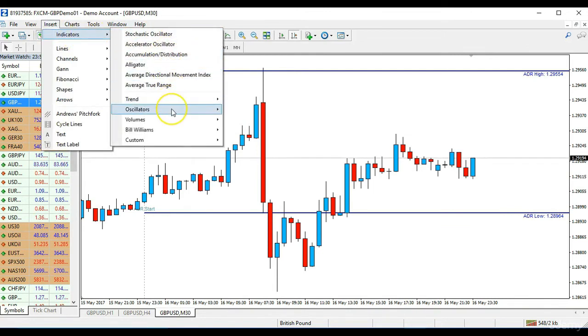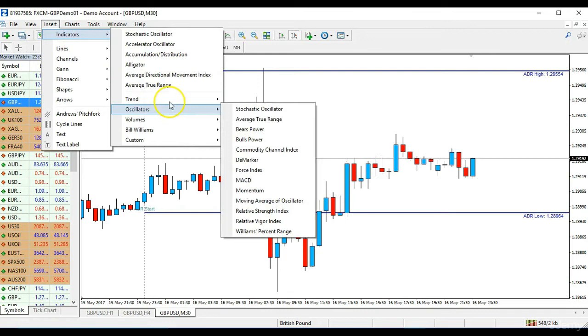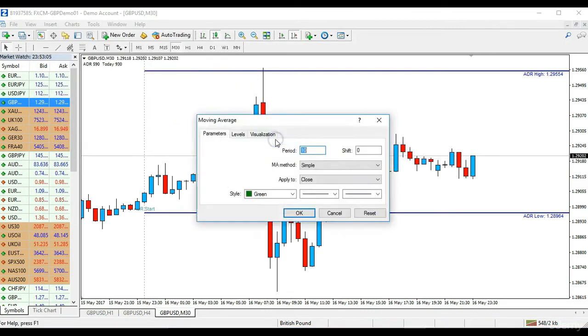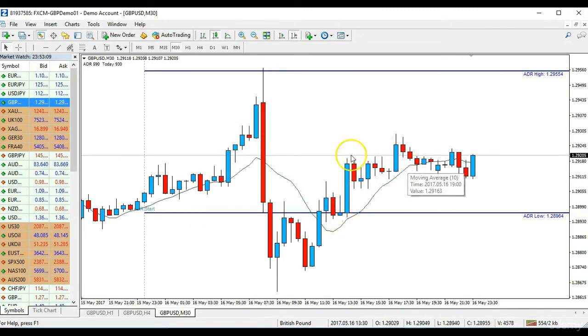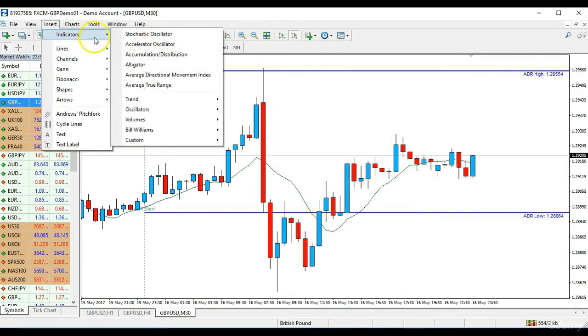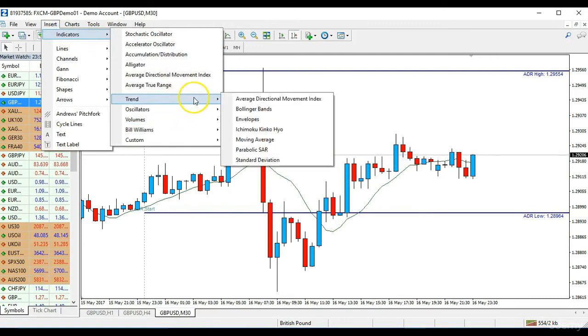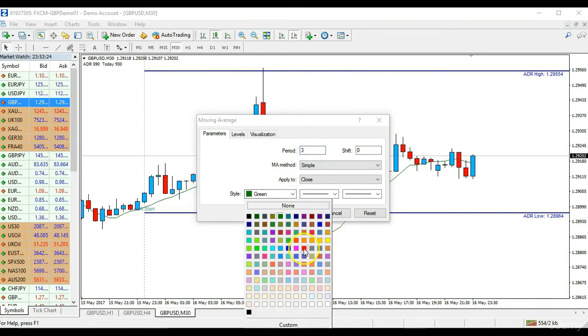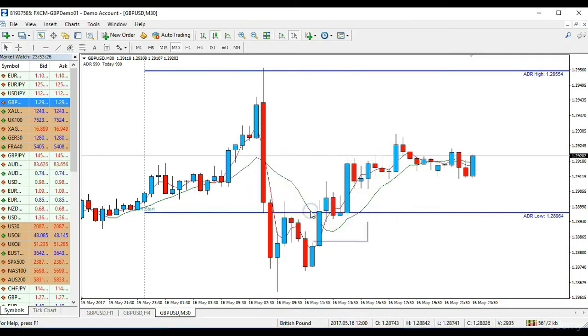So let me give you another indicator that I use and tell you how I use it. Another indicator I use is what's called a moving average. I use a 10 period green moving average, and I use a 3 period red moving average. Now, the reason I use these is to get a visual representation of how fast price is moving.